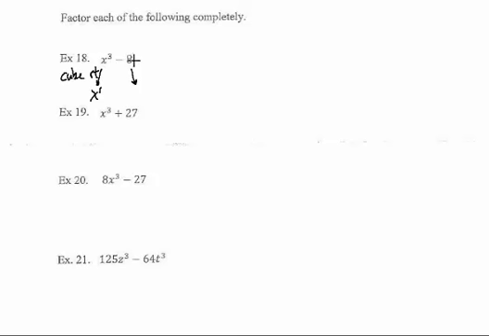The cube root of 8 is a 2. So we have all the parts to construct our two factors, which is going to be a binomial and a trinomial. So we're going to have 1, 2 terms in the first factor, 1, 2, 3 in the second one.